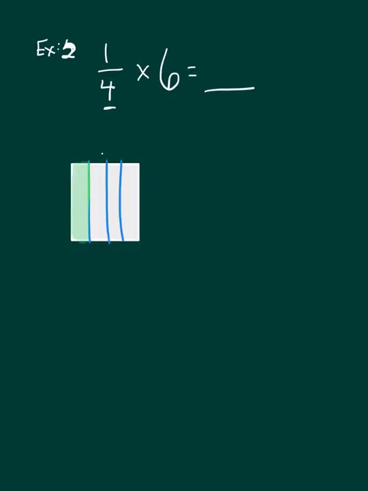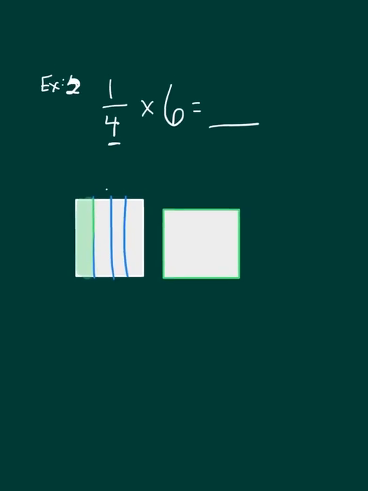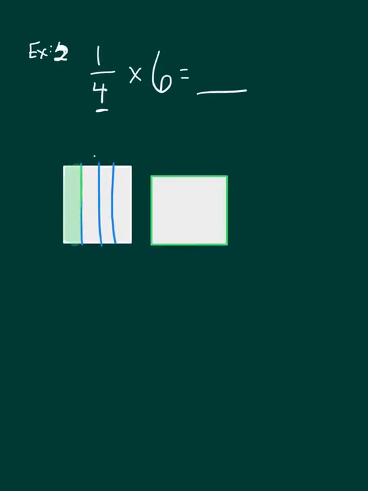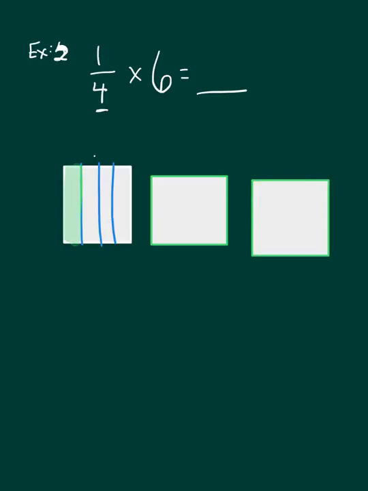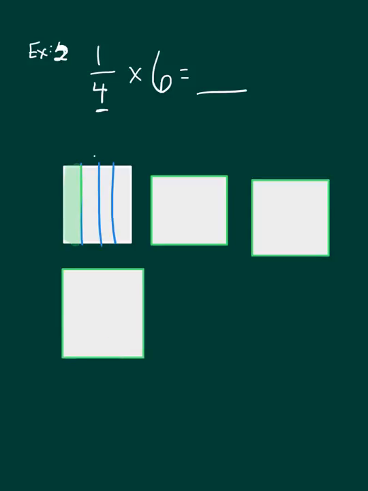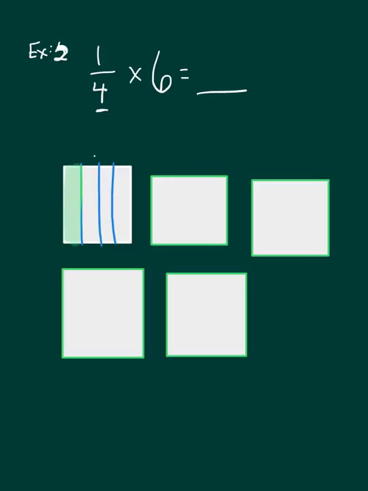So that means that we're going to do that 6 times. So we have 1, 2, 3, 4, 5, 6.